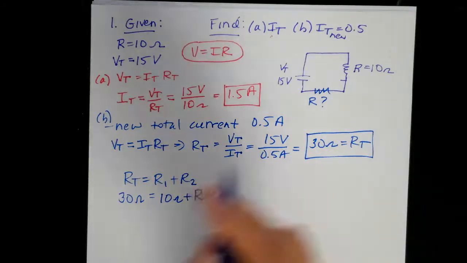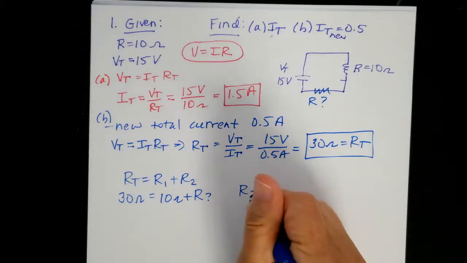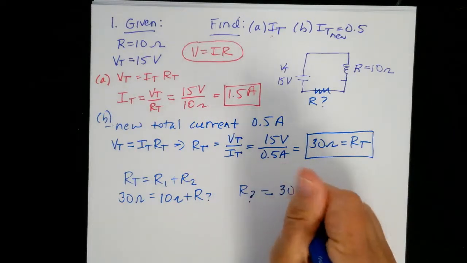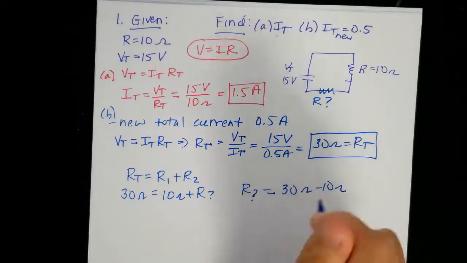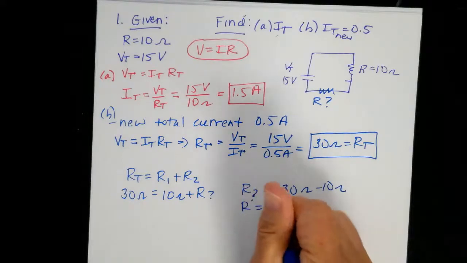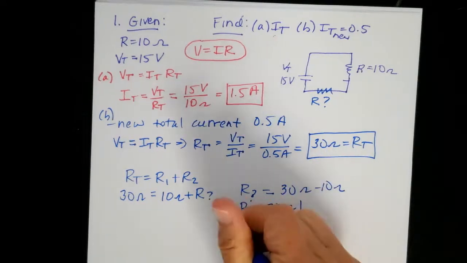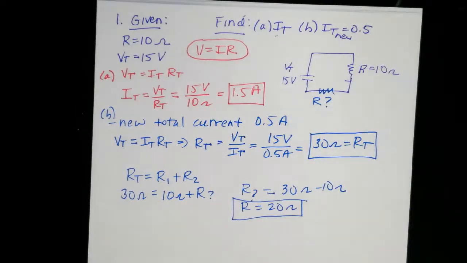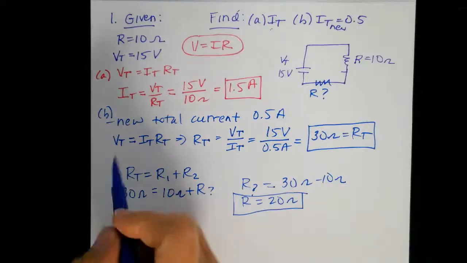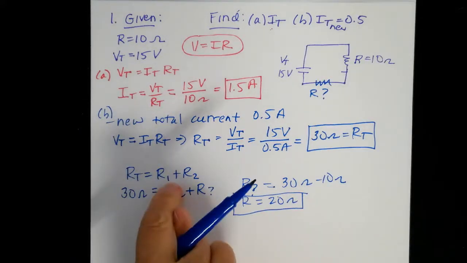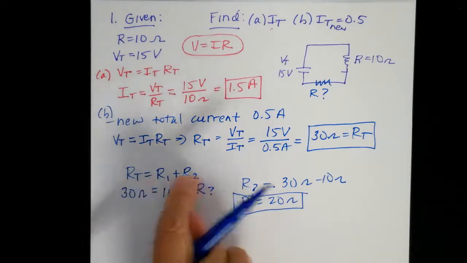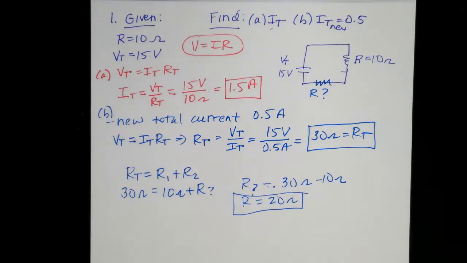So basically, our question mark is going to be 30 ohms minus 10 ohms. So the resistor I'm going to have to add is going to be 20 ohms. Does that make sense? So you see here, I'm using my equation for resistance in series. So I know in series, the resistances add up. Does everyone see that?